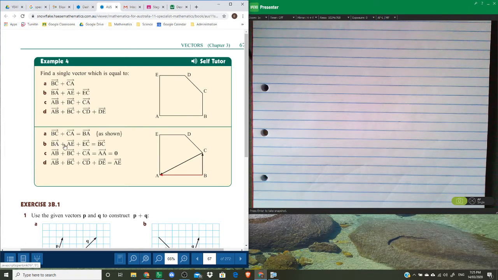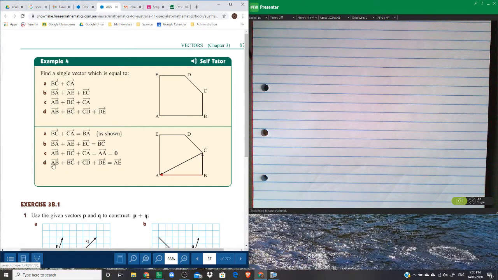So you can see, because you're stopping and starting at the same points, you've got that. AB plus BC plus CA. Now, if you end up back where you were, that's a zero vector. You do a closed loop. And the last one, AB plus BC plus CD plus DE is AE.